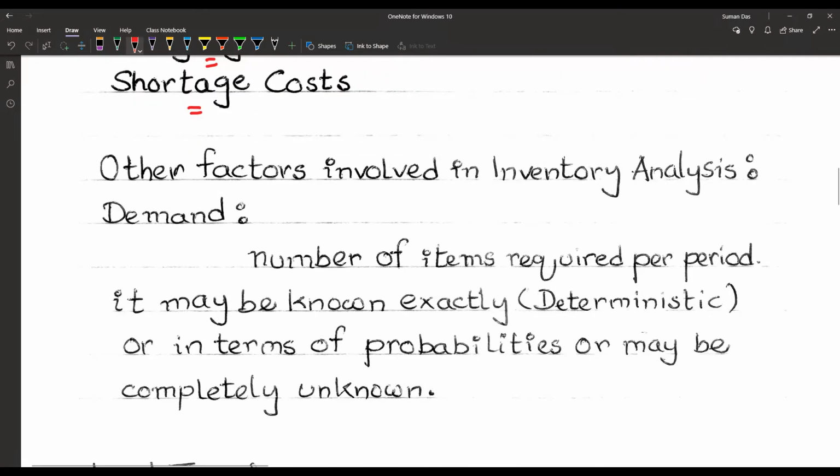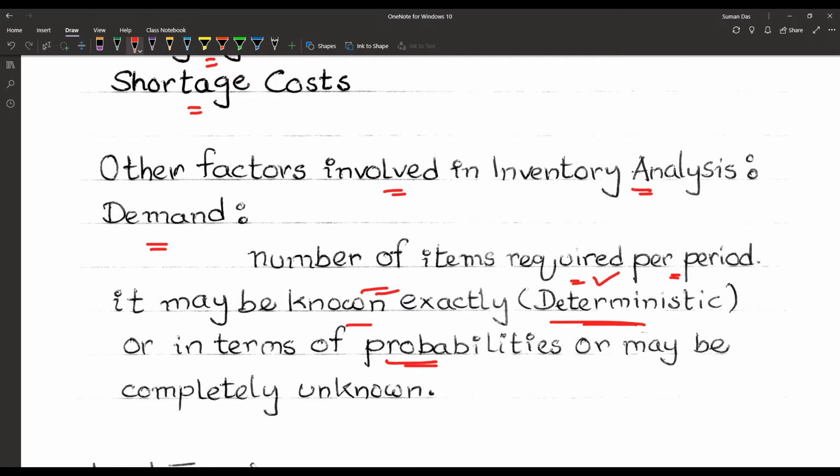Now there are other factors that are also involved in inventory analysis. The first one is known as the demand, the number of items required per period. It may be known exactly, that is deterministic, or in terms of probability. If we know the total number of items required per period exactly, the demand is deterministic.